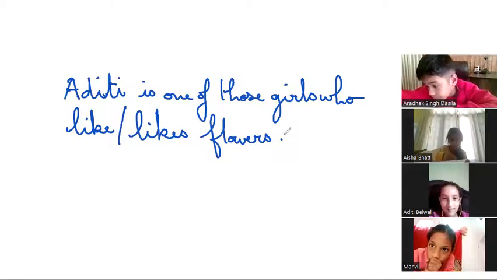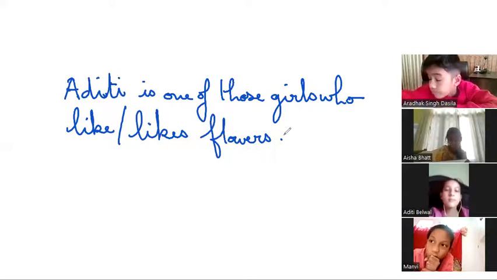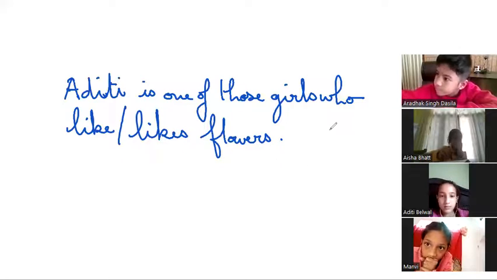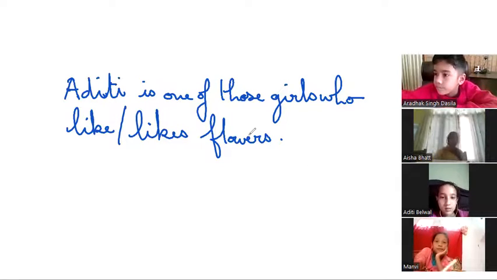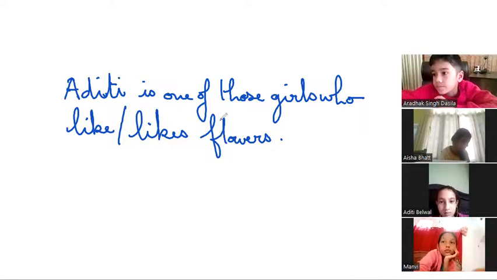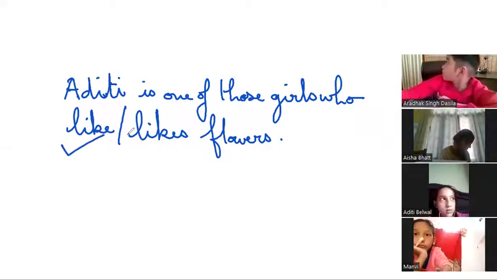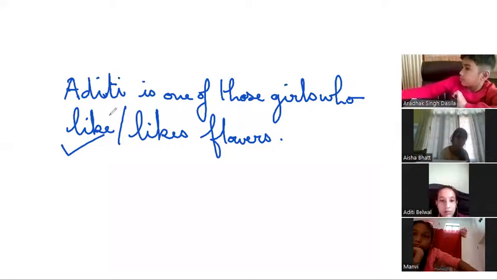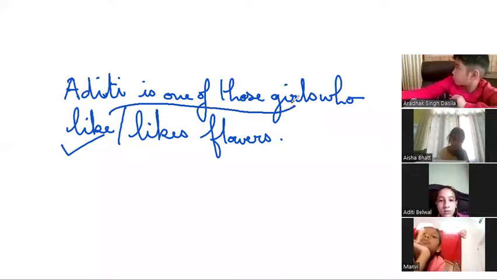Okay, so you might think that the verb will agree with Aditi, but no. Look at the structure of the sentence. We are saying Aditi is one of those people, and these are the people who are liking. So, girls who like, will take a plural verb over here because the verb here is agreeing with girls.